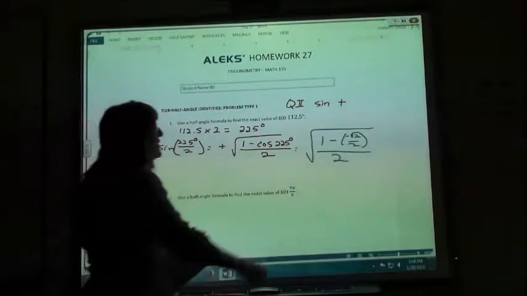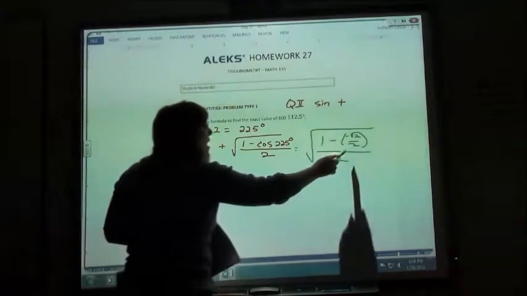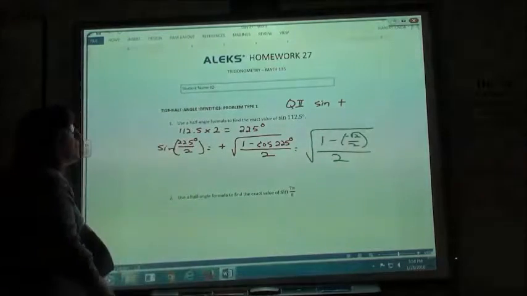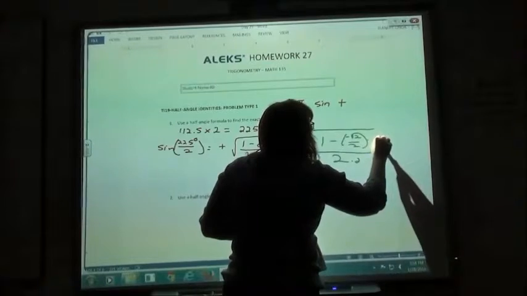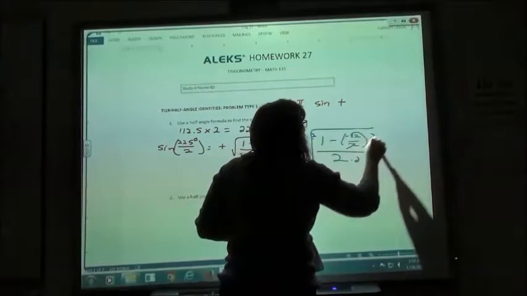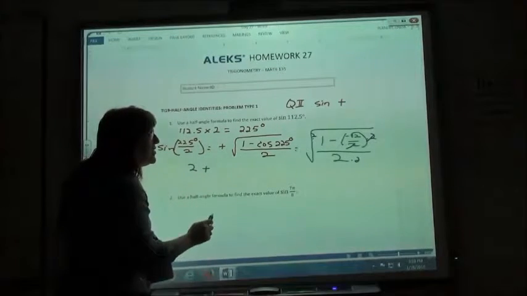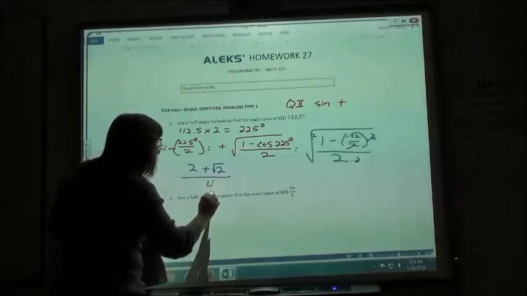So first of all, since I have minus a negative, I can make that a positive. I'm just going to go ahead and multiply by 2. So if I multiply everything by 2, I can get rid of that fraction there. I'm going to have 2 plus the square root of 2, and then 2 times 2 is 4.